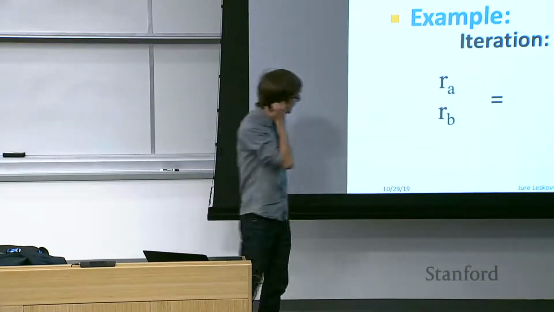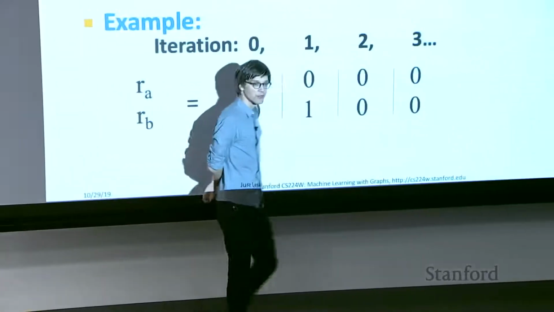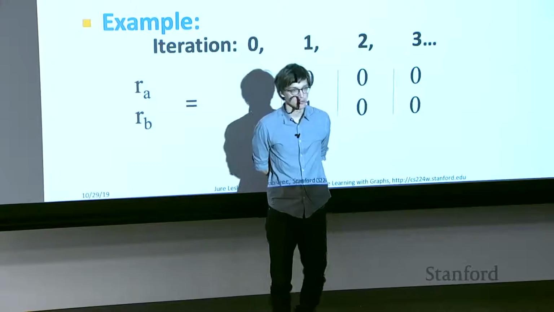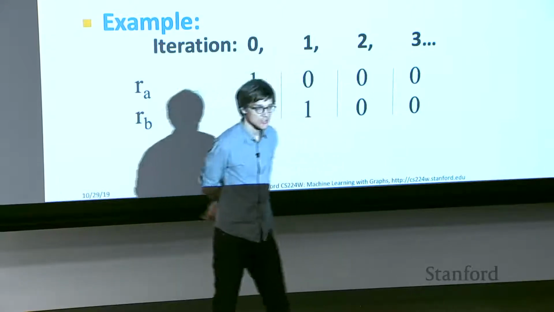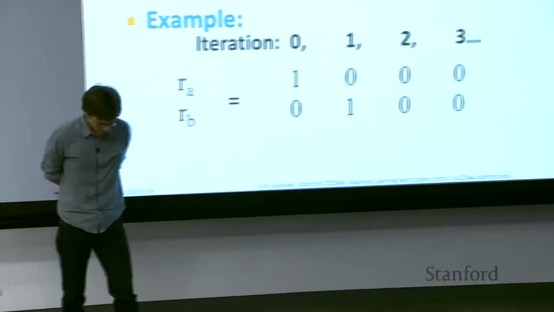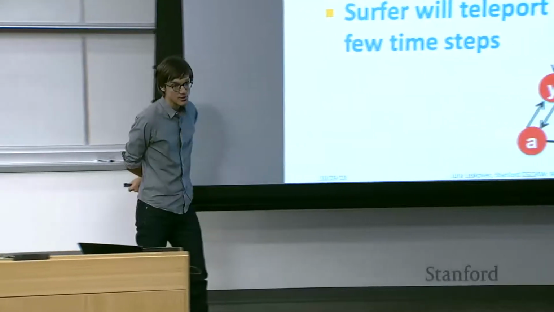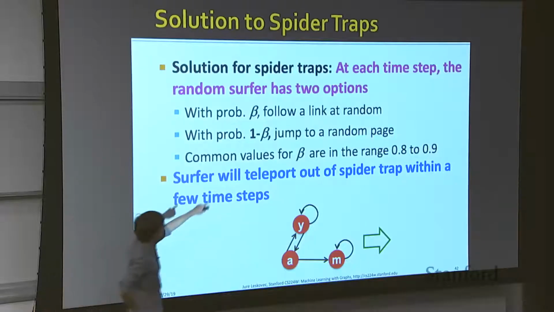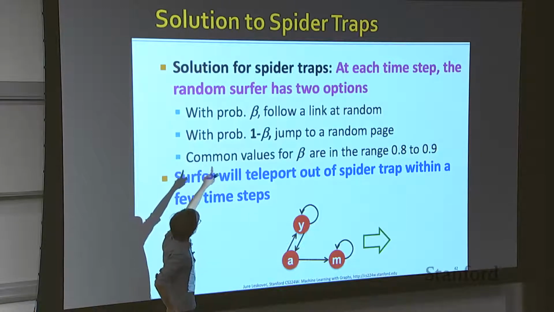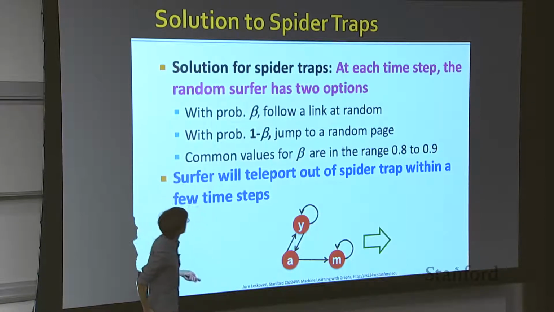And the way we can solve this is to define this notion of random teleportation, or a random jump. So our random walker will change a bit. The process for the random walker will change the following. Whenever a random walker makes a step, the walker, the surfer, has two options.